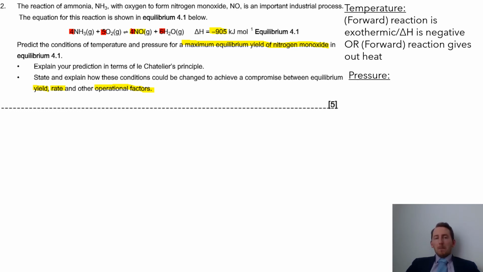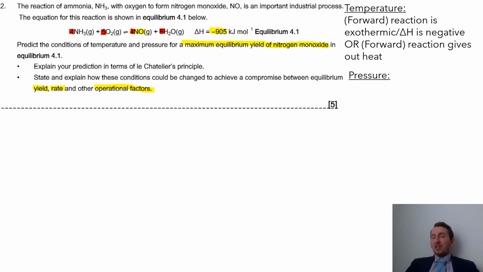So we have more molecules on the right hand side, on the products, than we do on the left hand side. So that therefore means ideally we want to increase the pressure. Sorry, no we don't. We want to decrease the pressure, because then we'll shift to the side that has more molecules, which would be the right hand side. So ideally we'll decrease the pressure.